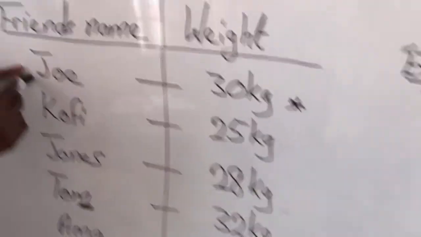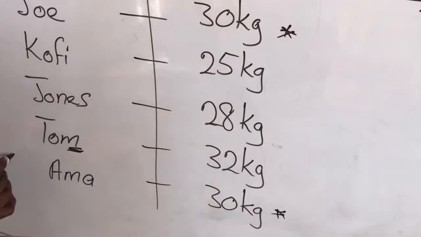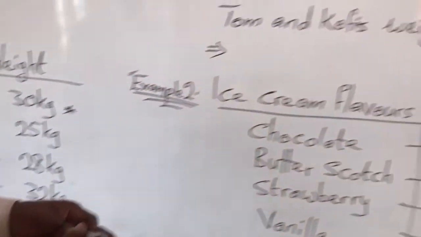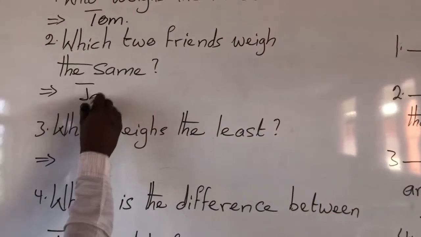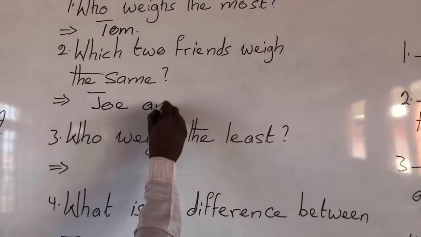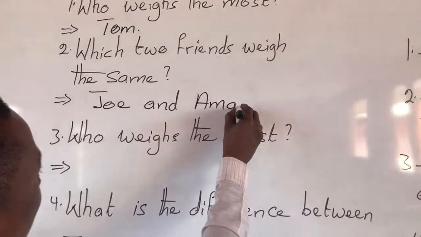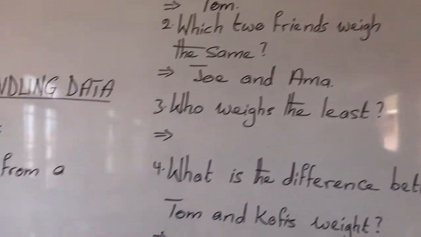We have Joe, and the second one is Amma. So let's quickly write: Joe and Amma. Put your answers in a sentence form.